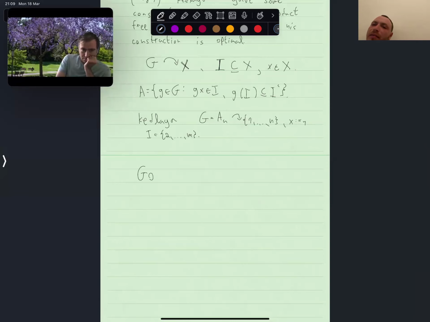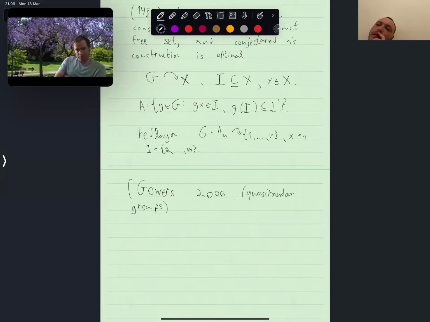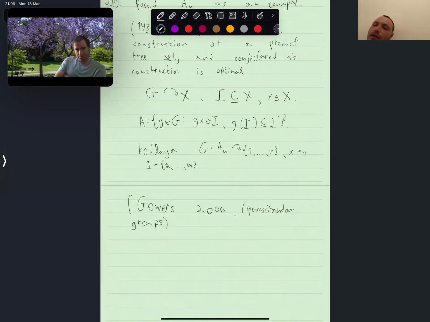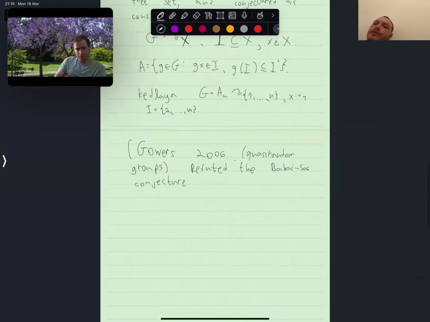And Gowers, in a very influential paper from 2006, where he coined the term quasi-random groups, basically refuted the Babai-Sós conjecture.